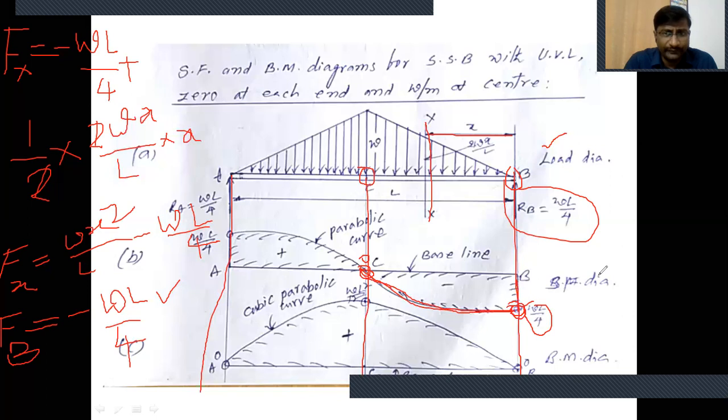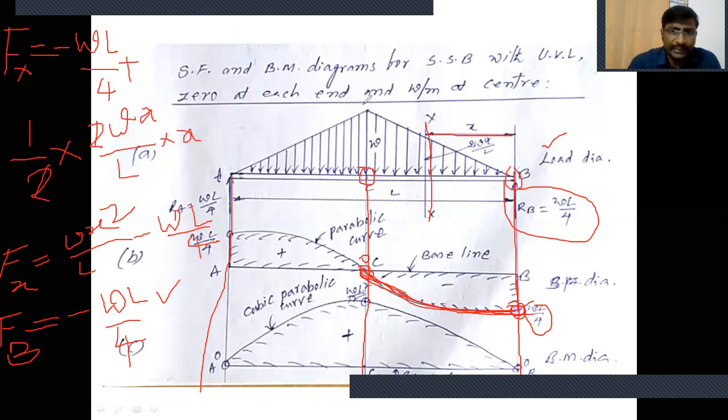If a UDL, a uniformly distributed load, is acting between two points, then the shear force diagram is an inclined line. And if a uniformly varying load is acting between two points, then the shear force diagram is a parabolic curve. So you must draw a parabolic curve between these two points by joining WL by 4 and 0. Clear, students? This is the parabolic curve.